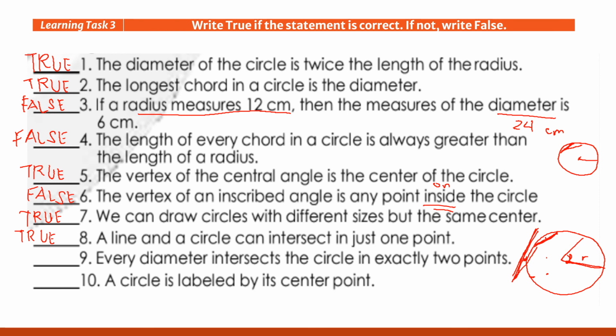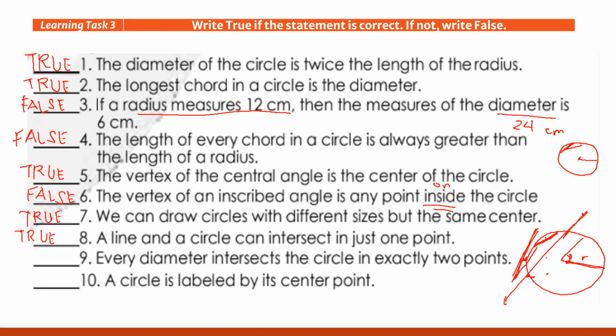Kung meron kang line or tangent line. Pwede. Okay? Now, pero pag ang pinag-usapan diyan mga bata ay line na nag-pass through dito sa circle, ay di meron na siyang 2 points.